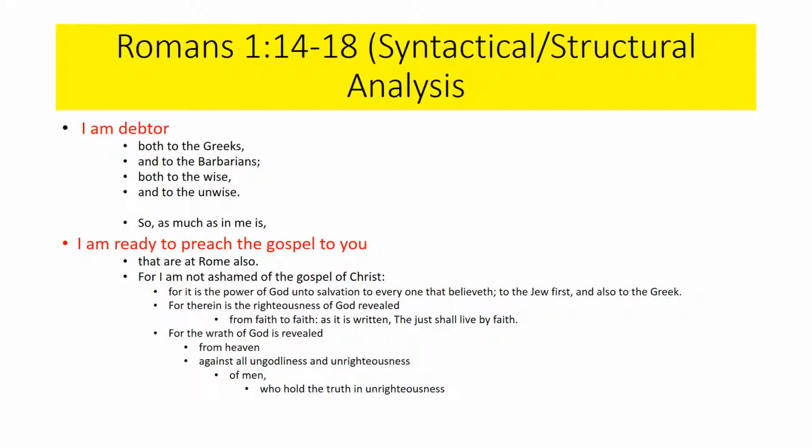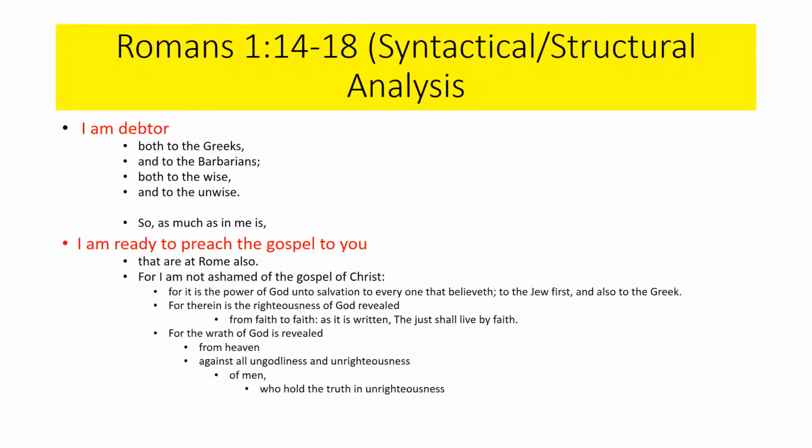So when you do a structural analysis, you put the independent clauses in the far left margin, and anything that's dependent, you tab in to a subordinating margin. So for instance, Paul says, I am a debtor. There are four dependent phrases telling us where Paul is indebted.